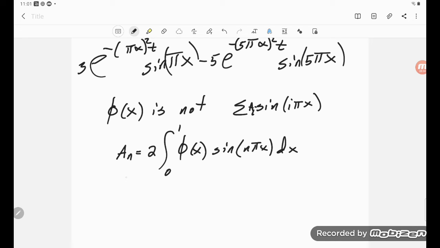And you could have an infinite number of these, and typically, if phi of x is not sines and cosines, then indeed you will have an infinite number of these. So that gets kind of hard to pin down.